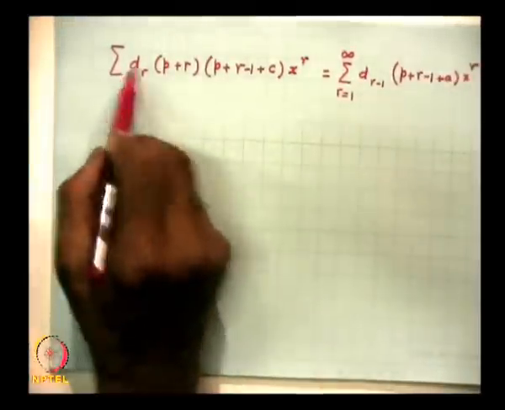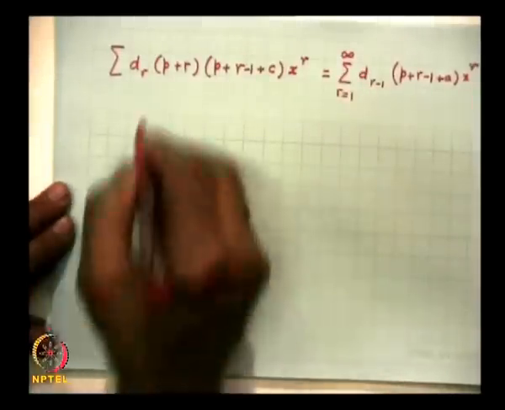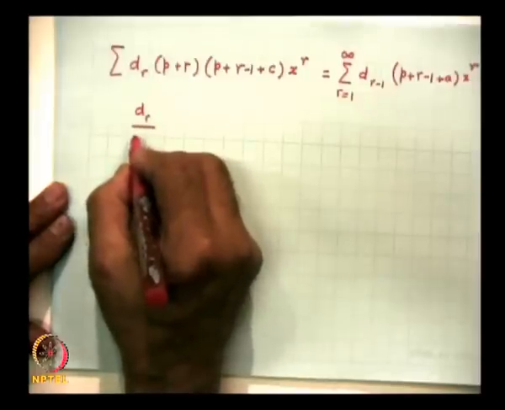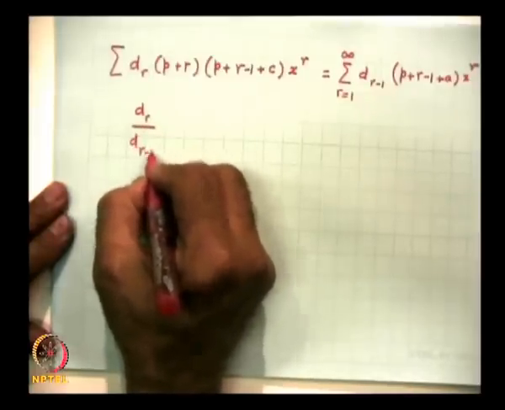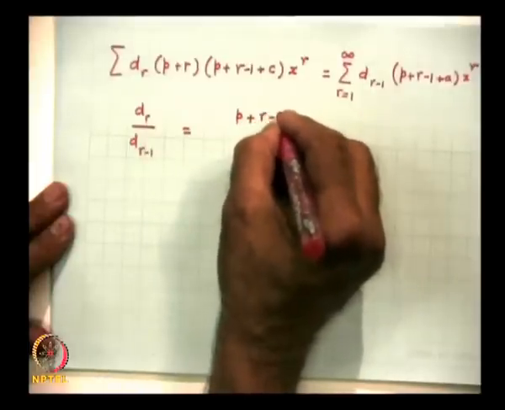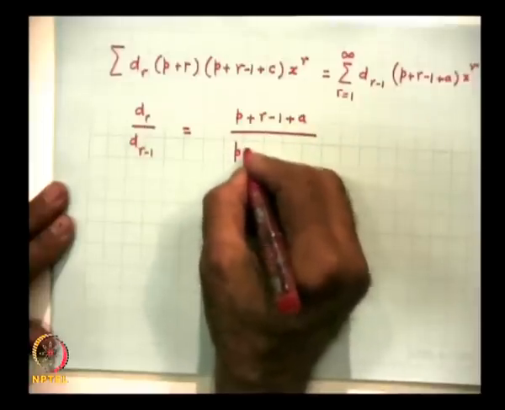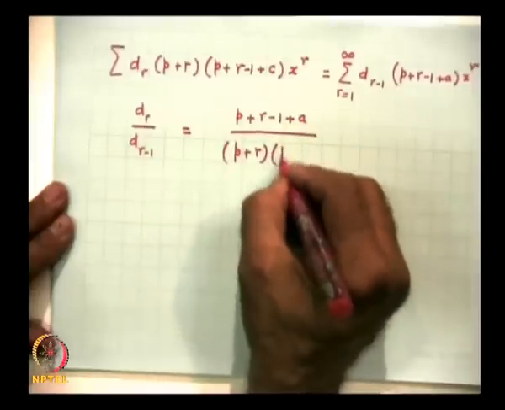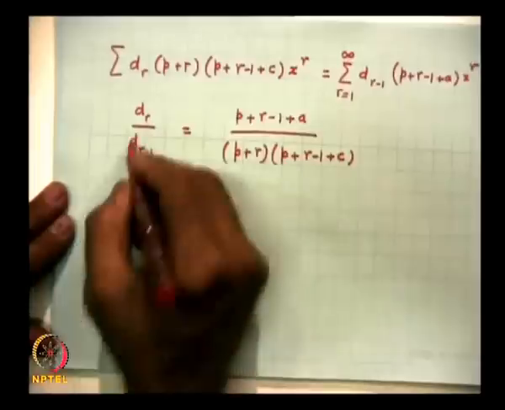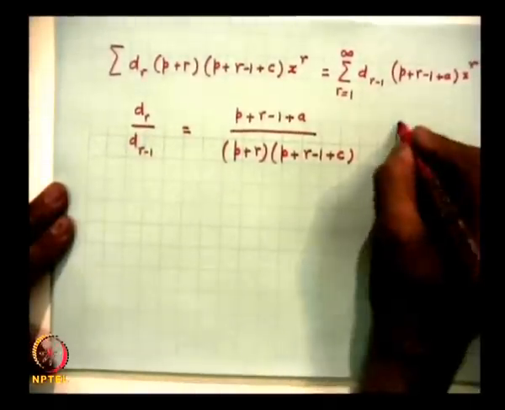So, now I have equated that, and so therefore, d_r by d_(r minus 1) will be equal to (p plus r minus 1 plus a) divided by (p plus r) into (p plus r minus 1 plus c). Most of you may have done this before. So, I take this d_(r minus 1) here. So, this is known as the recurrence relation.